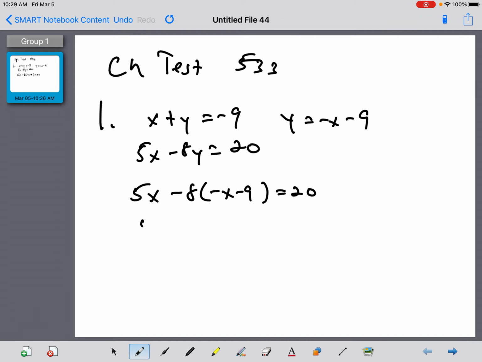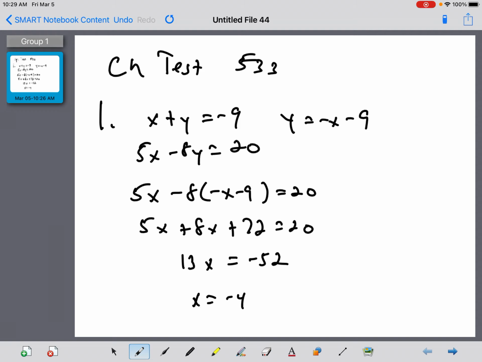And so now you get 5x minus a minus will be plus 8x plus 72 is equal to 20. 13x, subtract 72 from both sides, -52, and x is equal to -4. And then go back up here, y is equal to minus a minus 4 minus 9, y is equal to 4 minus 9, y is equal to -5.